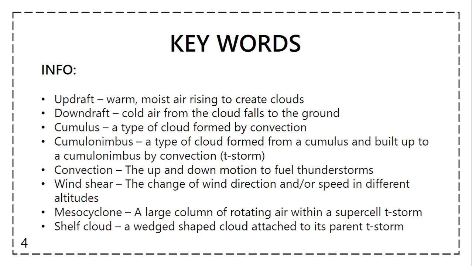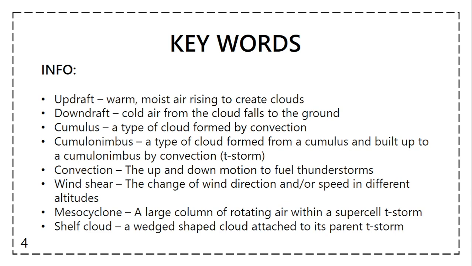Cumulonimbus clouds, sometimes you may see them elsewhere. Again, it's a type of cloud that forms from this cumulus right here, built up into a cumulonimbus, which is a thunderstorm, by convection. Cumulonimbus clouds are basically cumulus clouds, but a lot bigger, a lot taller, with a weird anvil shape and kind of icy on the tops of them.